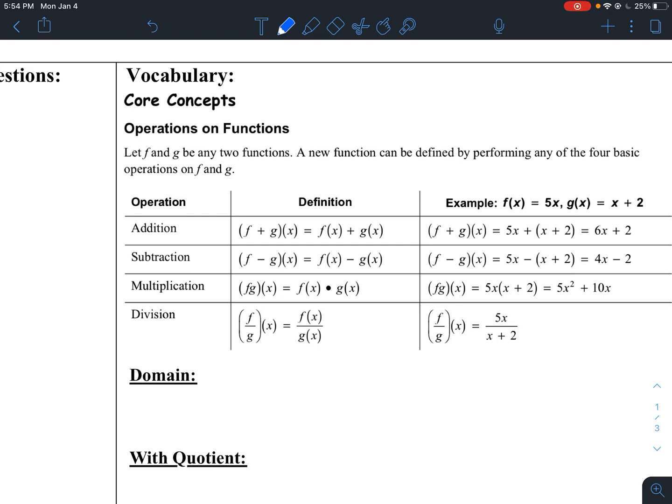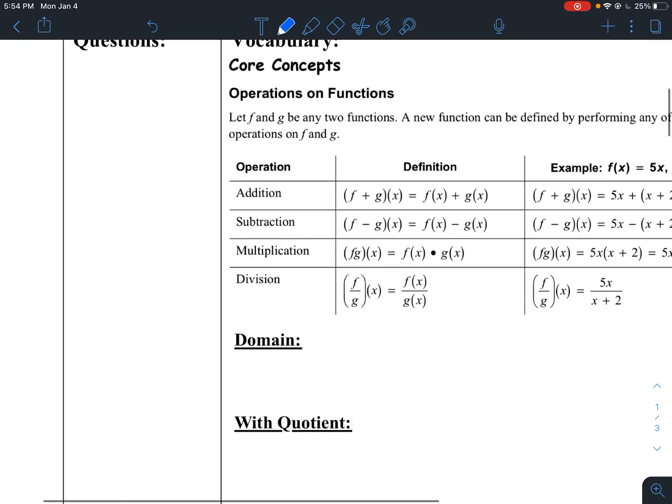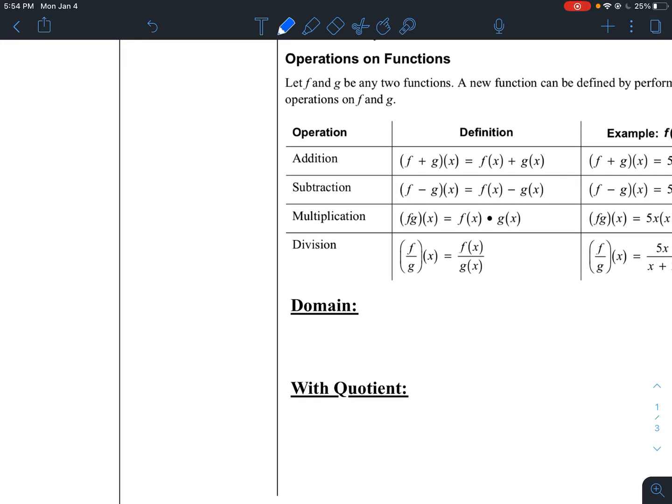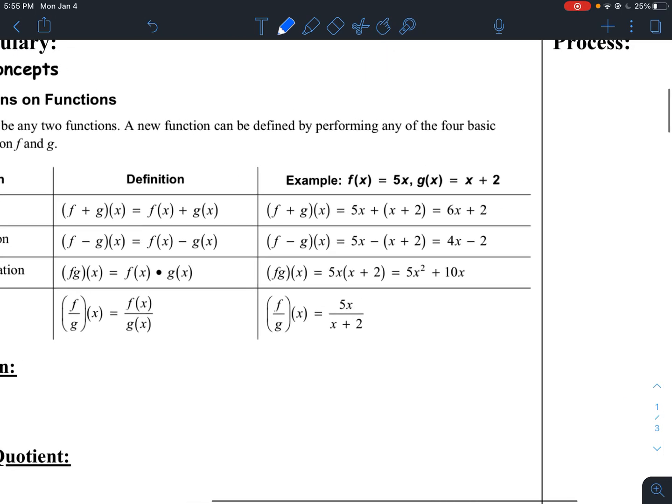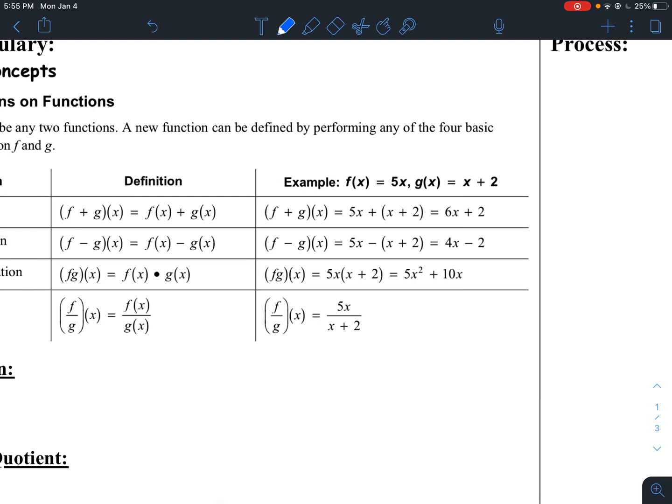We know the domain talks about the x values. The domain describes the values of x for which the function exists. Here we have 5x, a linear function, and x plus 2, also a linear function.